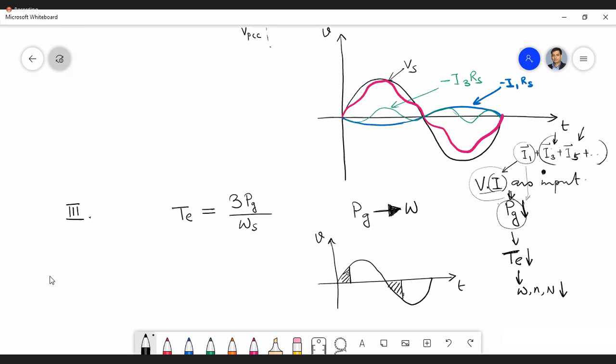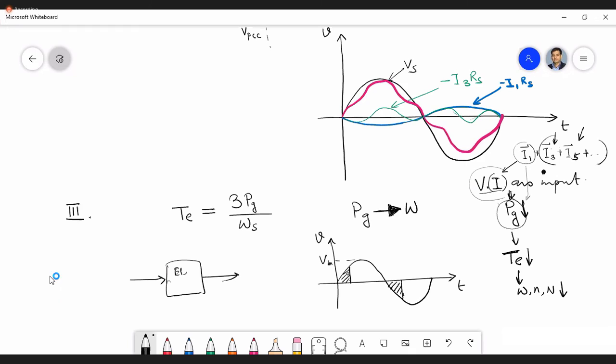Okay, are you getting it? But by this process, what it does is it distorts the actual supply voltage waveform. Suppose this is the supply voltage waveform, which was perfectly sinusoidal. But after this regulator, it becomes distorted.